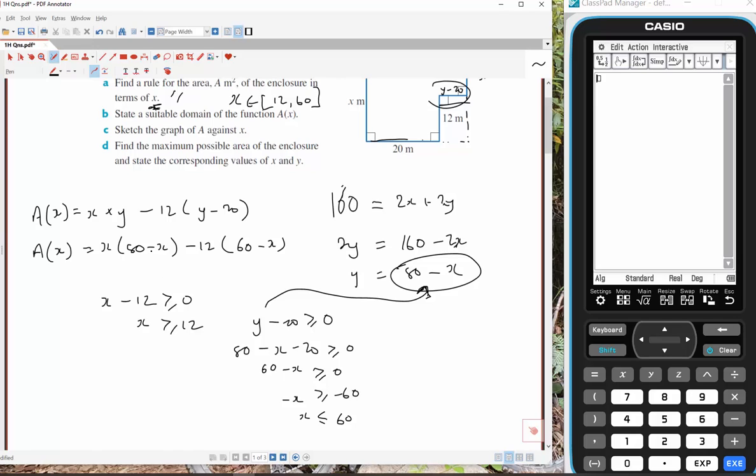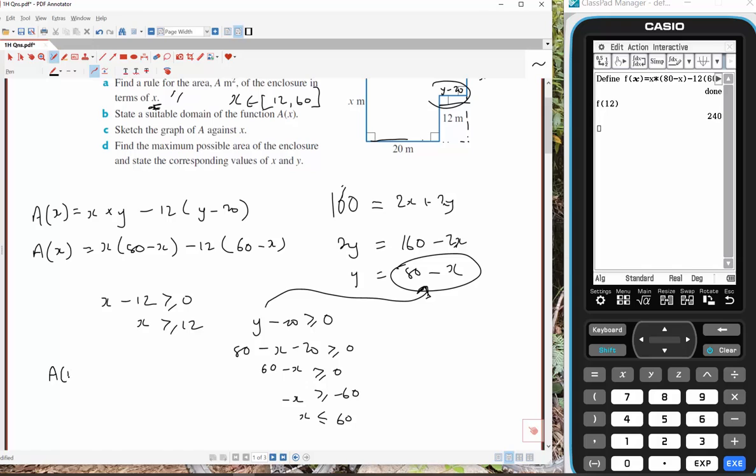Now, this graph here is going to be some sort of inverted parabola graphed over the domain of 12 to 60. So what I would probably do is, come on, Shift 7, define f of x equals x times 80 take x, take away 12, 60 take x. I'm going to do f of 12, that's 240.